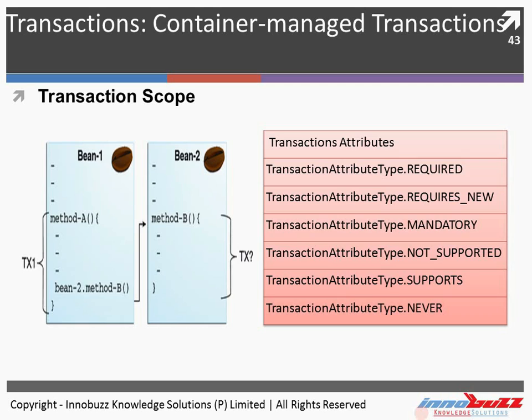If you consider the Required attribute, in this scenario, if the client is running within a transaction and then invokes the enterprise bean method, the method executes within the client transaction, and if the client is not associated with any transaction, the container starts a new transaction before running the method.